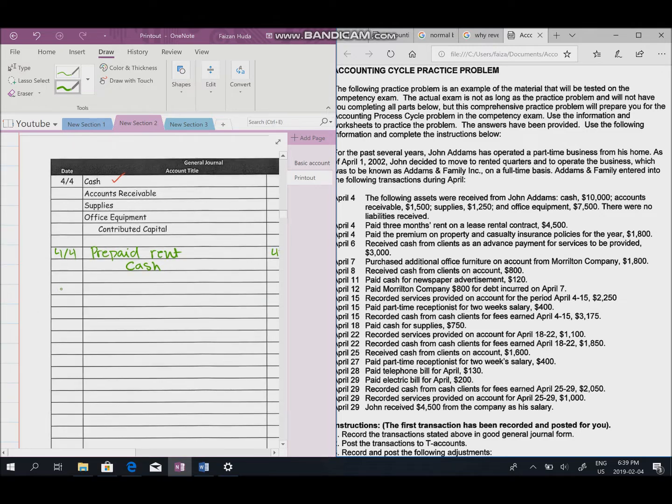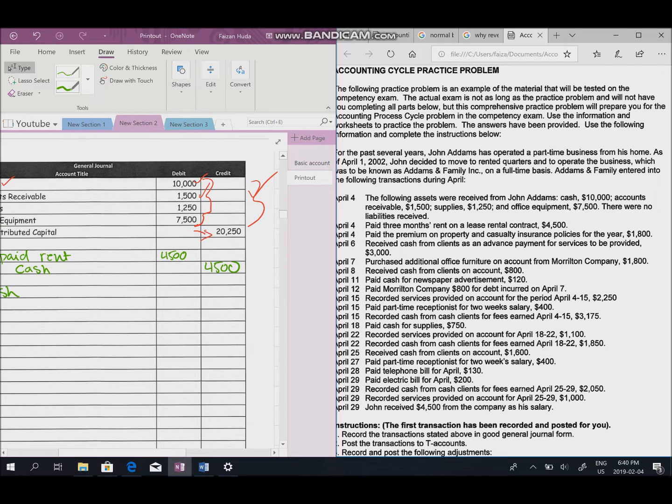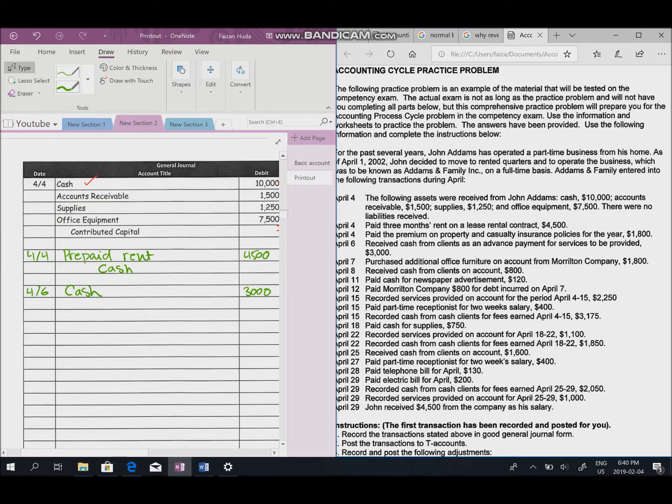So April 6th, I'll first debit cash. And it says we received cash from clients as advance payments. So we received cash for $3,000. And then this would be unearned revenue.